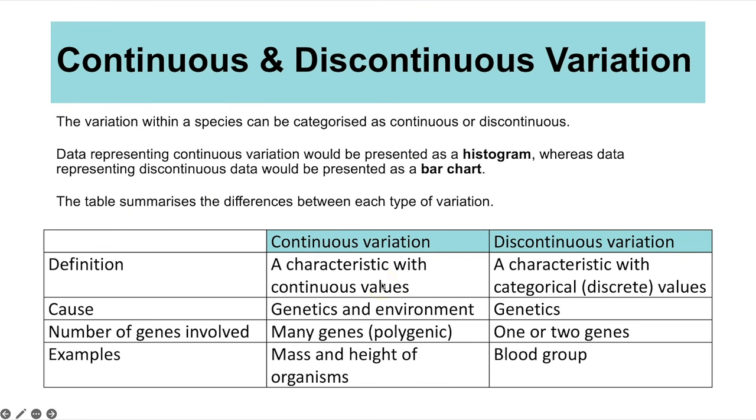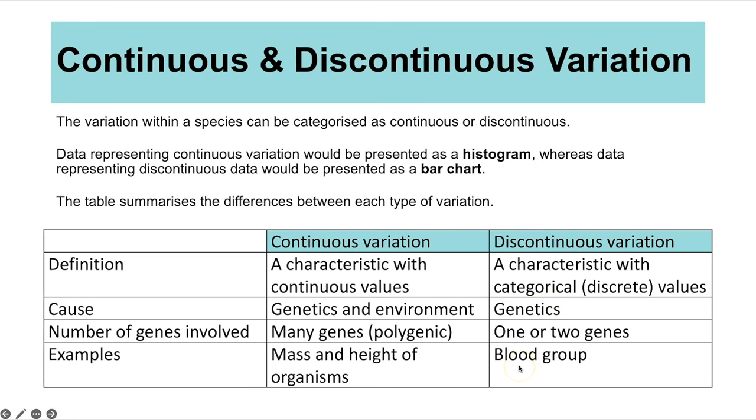So continuous variation are characteristics with continuous values. So for example, your height or the height of a plant or birth weight. Discontinuous variation would be categorical values, so discrete values. So for example, which blood group you would have. Continuous variation is caused by your genetics and interactions with the environment, whereas discontinuous is just genetics.